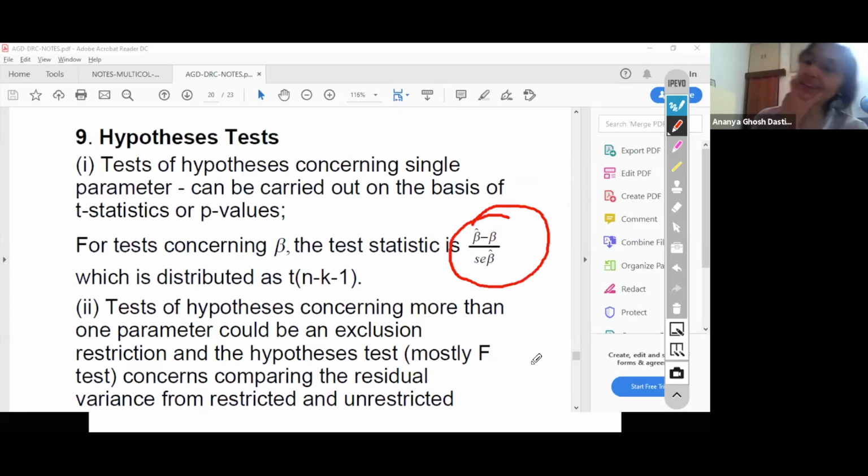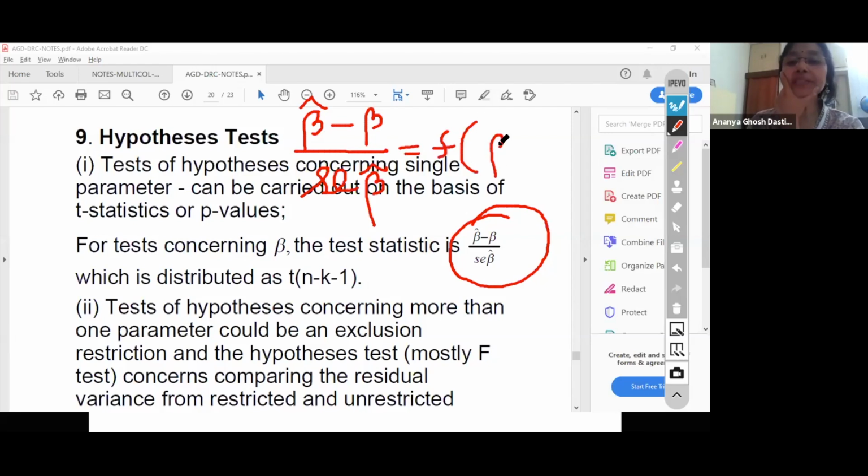Okay, again a random variable. As I said, you have to love them. So look, remember, beta hat is a random variable, and one of the basic principles of life, functions of a random variable is also a random variable. So this particular term which I've circled, beta hat minus beta upon the standard error of beta hat, is a function of beta hat.